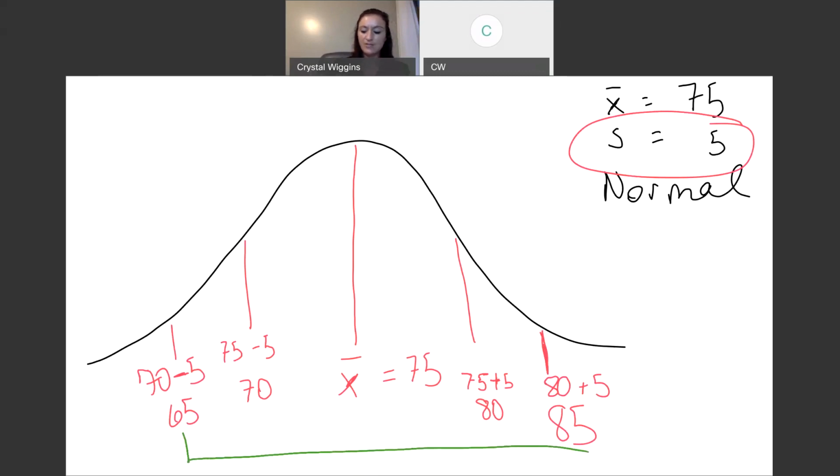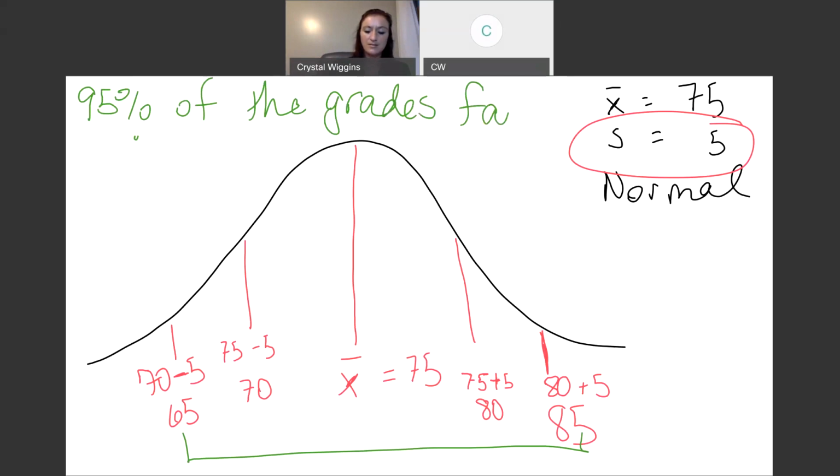Now, according to the empirical rule, 95% of the data values fall within 2 standard deviations about the mean. So I could say that 95% of the data, or of the grades, falls within 65 and an 85.